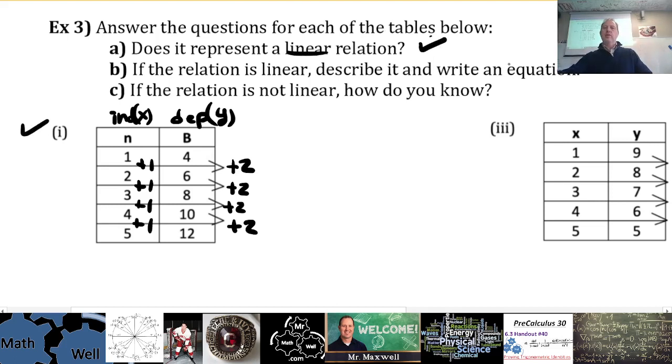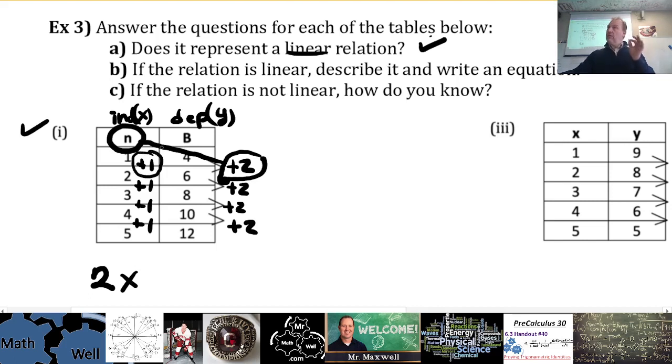How do we write an equation here? Okay, did this yesterday, last day. What we're going to do is take this difference, the plus 2, and multiply it by the x variable, or the independent variable. So I'm going to go 2x. Now you can just do this straight as long as this is 1.